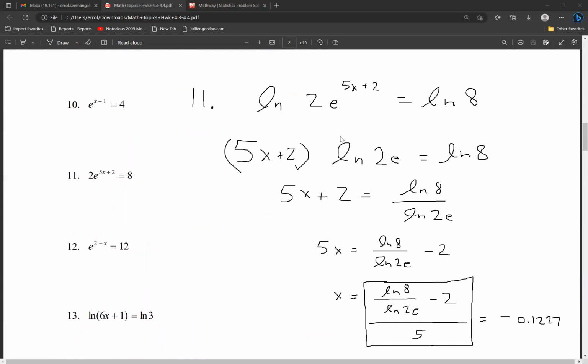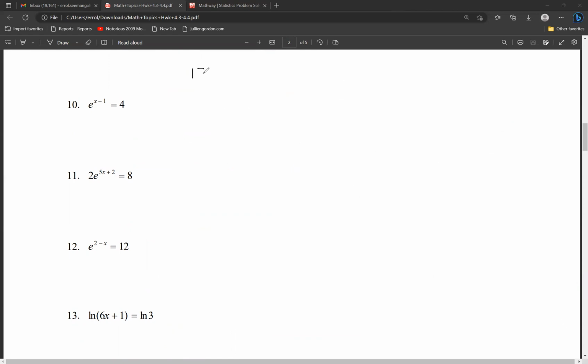12, same idea on 12. All right, take a picture of 11. Write it down. Got it? All right, let's do 12. Take the ln on both sides.